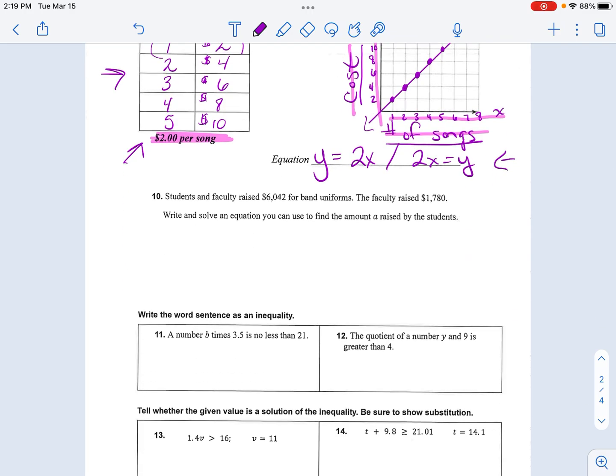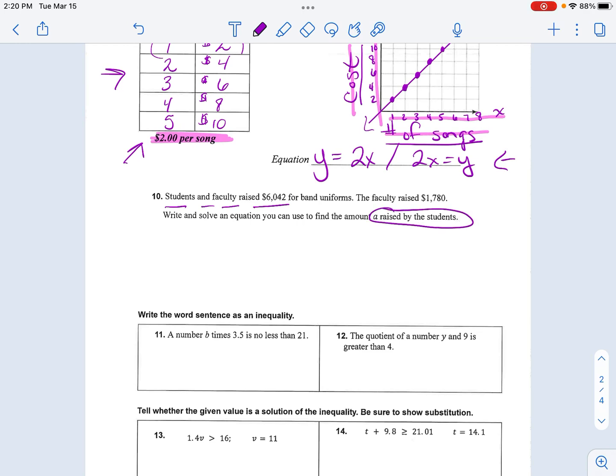Number 10 says students and faculty raised $6,042 for band uniforms. The faculty raised $1,780. Write and solve an equation you can use to find the amount A raised by students. So I know that the students and the faculty raised that much money.